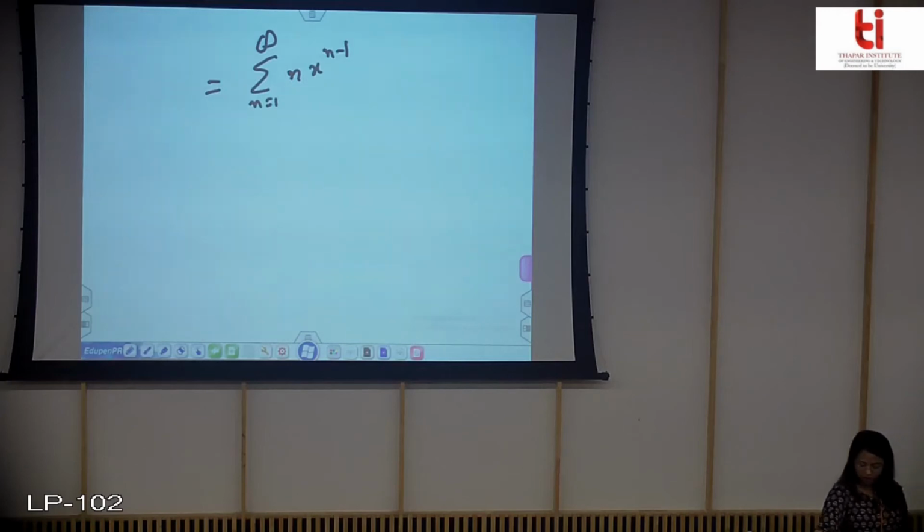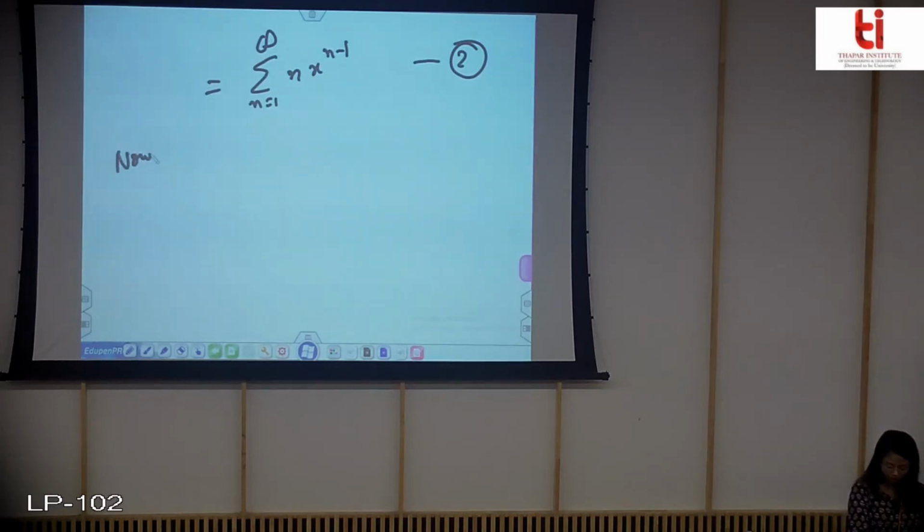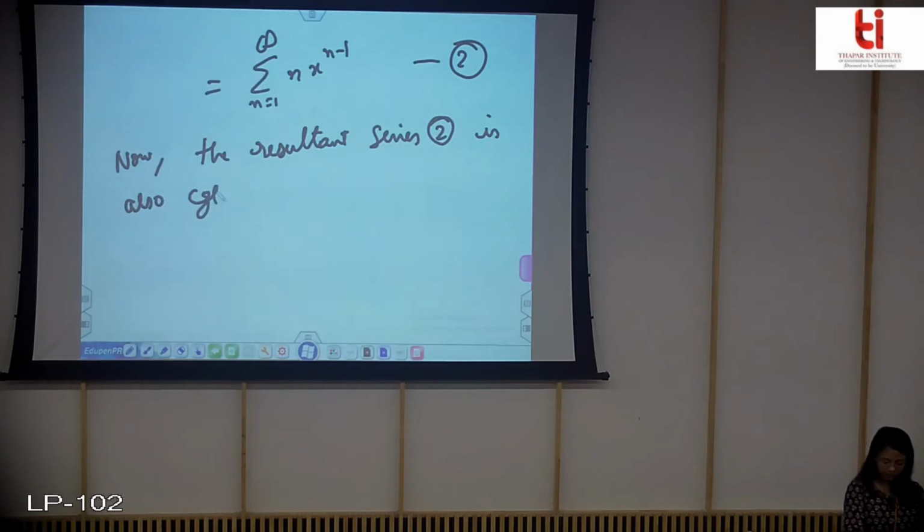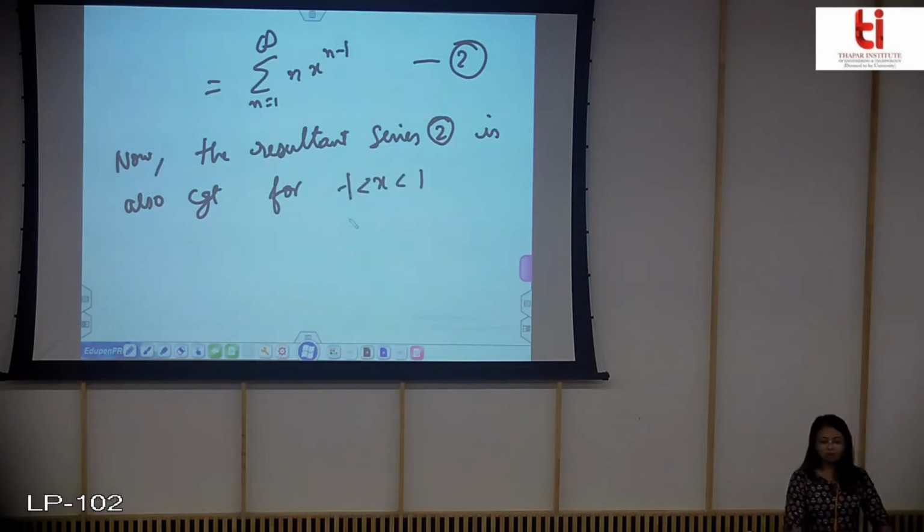Now I'll call it equation number 2. Now you can see that the resultant series 2 is also convergent for x between -1 and 1.